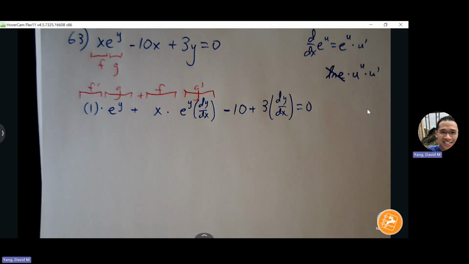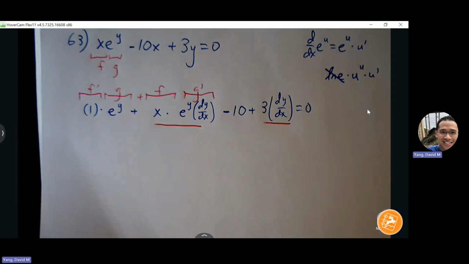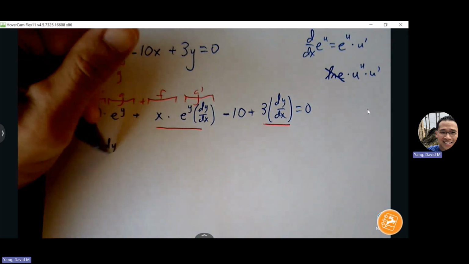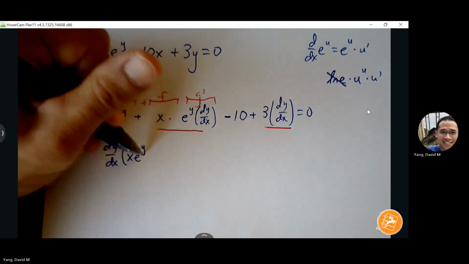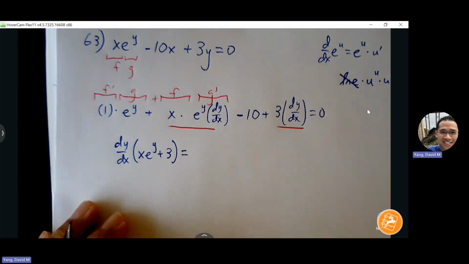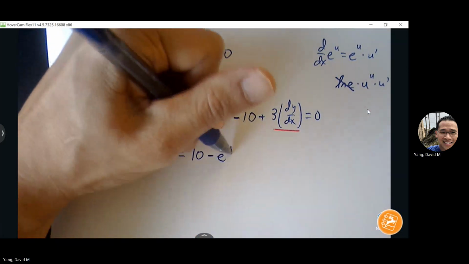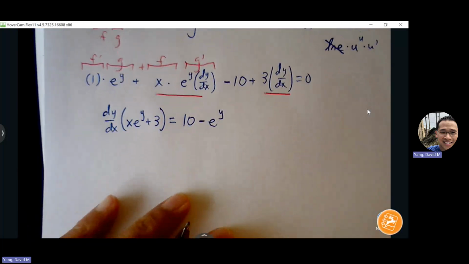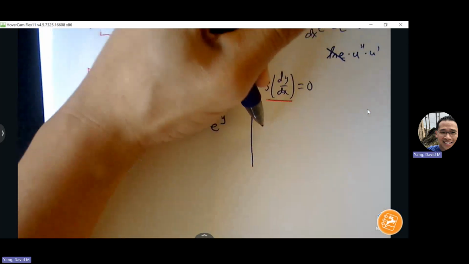So now we're just rearranging, right? Trying to get our dy dx's together so we can factor that out. So I'm just going to factor dy dx out from those two terms. And then the non-dy dx terms, I'm just going to move over to the other side. Solve for dy dx. Divide the parentheses over.